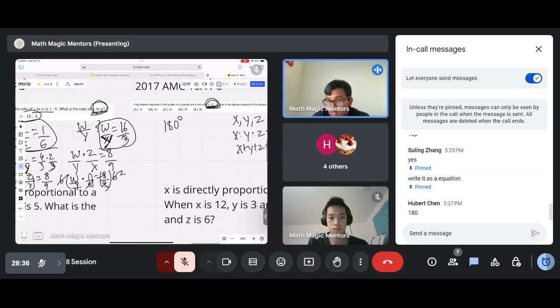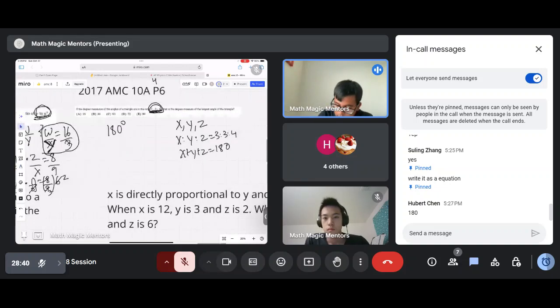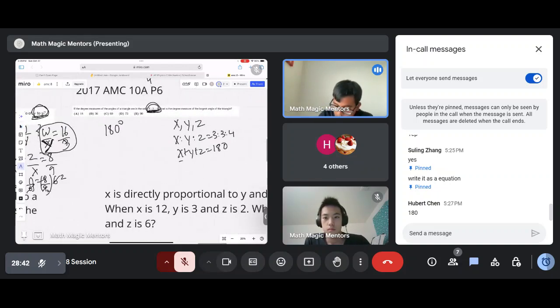Ultimately the ratio stays the same. So I can just say that the degree measures of the angles of a triangle are 3x, 3x, and 4x. All I did was take the actual proportion and scale it by some amount x. If I scale it by some amount x, it's still the same.